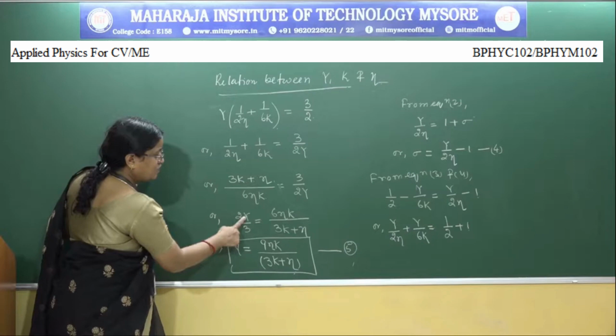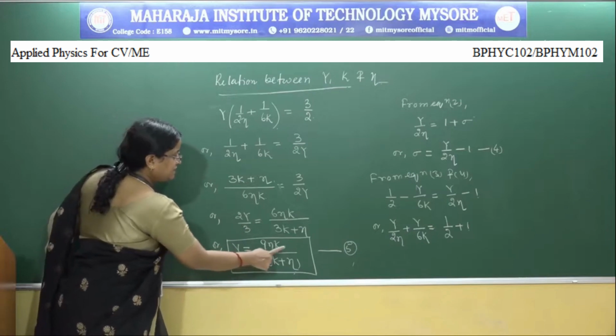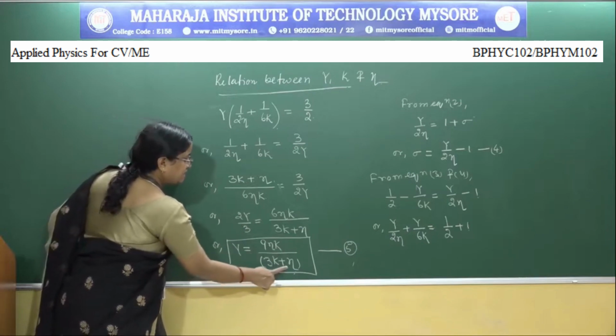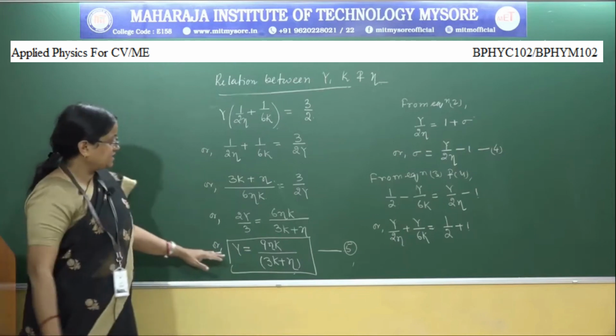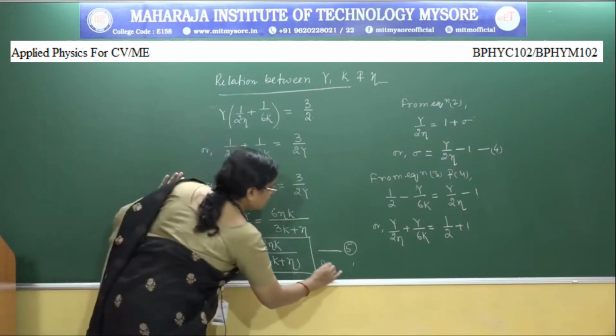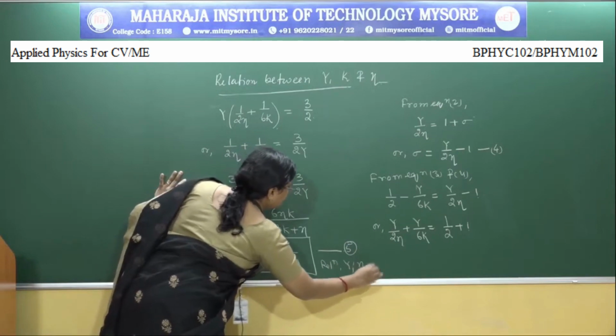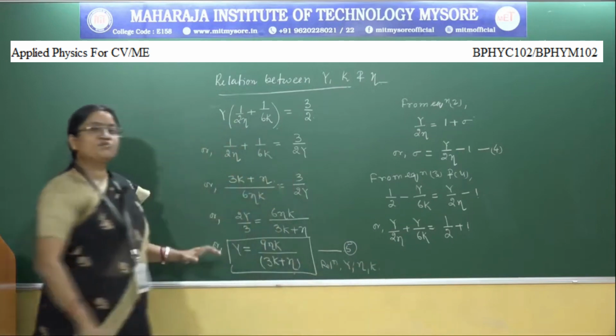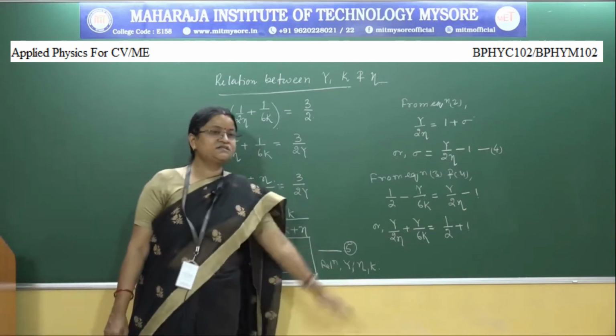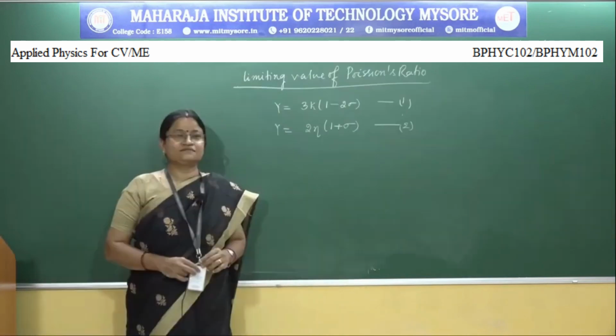So, what you will get? Y is equal to 9 eta k divided by 3k plus eta. Equation 5 is the relation between Y, eta and k, that is Young's modulus, rigidity modulus and the bulk modulus.